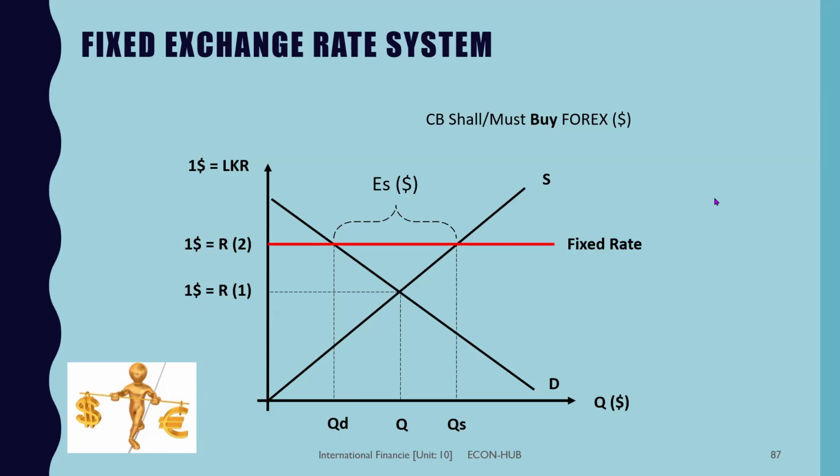Are we done? What we are trying to show here is, based on the actual or realistic demand and supply in the market, the exchange rate should be $1 is 1 rupee.